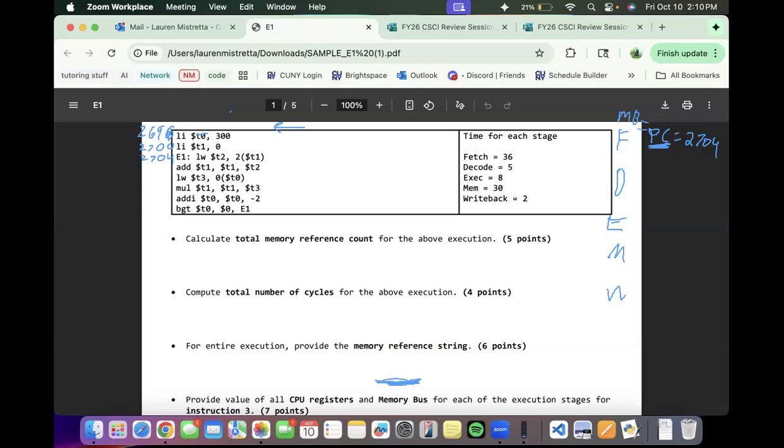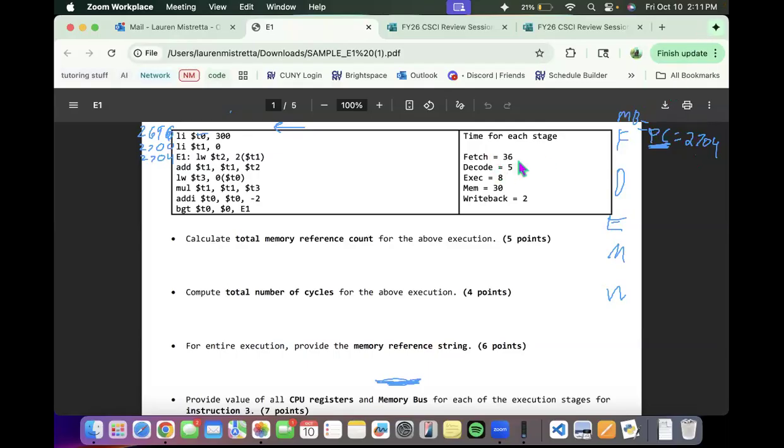Now, at the end of the fetch instruction is when this gets iterated to the next value. So the key thing here is that it says provide value of all CPU registers and memory bus for each of the execution stages for instruction 3. It doesn't say beginning or end, which is honestly a key that we're missing out on, because if it's the beginning, it's going to be 2704.